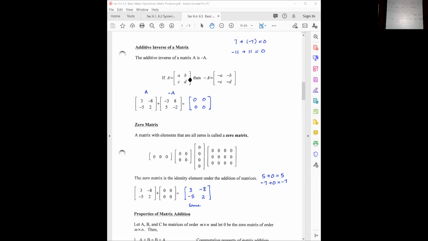That's the additive inverse. And when you add a value with its additive inverse, you will always get 0. But if it's a matrix, you get a 0 matrix. All of these are 0 matrices. They're just different sizes, different dimensions. So these are different from the number 0. Zero matrix. Okay.